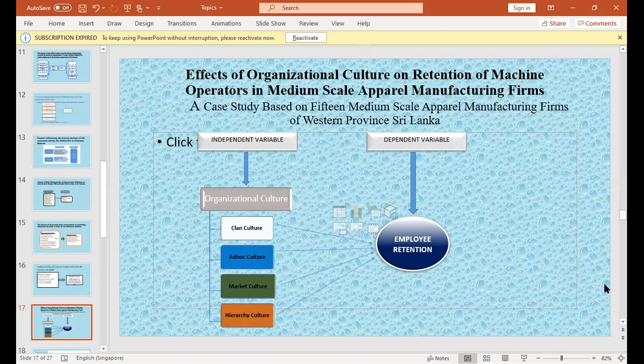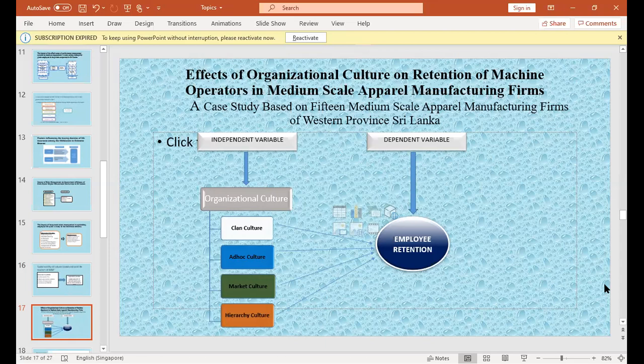We collected data from employees, because these are machine operators, obviously it's a large population. So we gave questionnaires, and in the companies, say 30 employees selected from each, right? Or let's say 50 employees selected from each. So we get a viewpoint about each company, which culture is mostly seen.